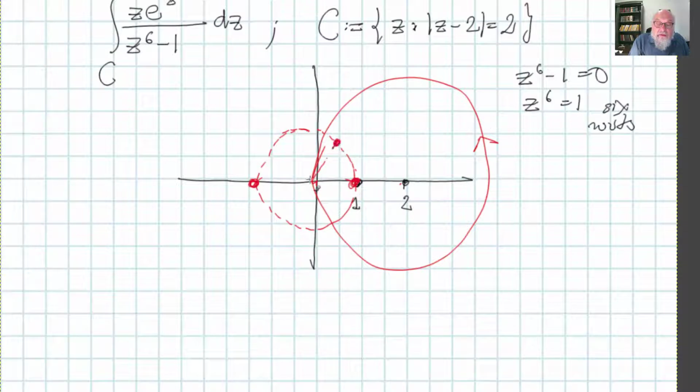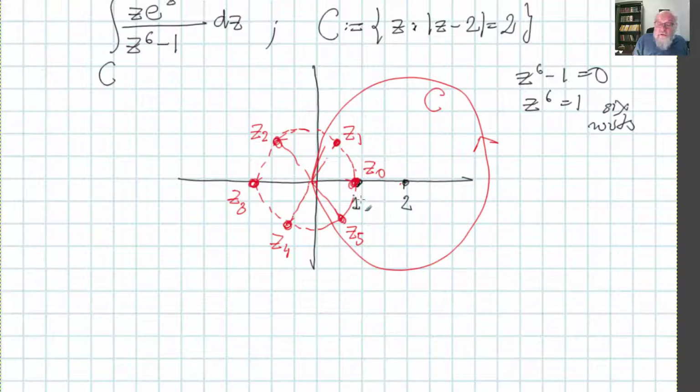So it's here, it's here, it's here, it's here. So that's my root Z0, which is 1, then we have Z1, and root Z2, Z3, Z4, and Z5. So that's a contour C.